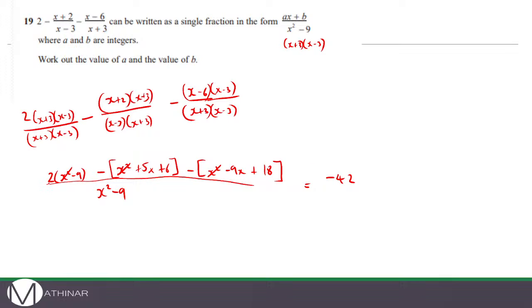And we have a minus 5x plus 9x, so that's 9 minus 5, which is plus 4x over x squared minus 9. And then just put it in that form, 4x minus 42 over x squared minus 9.